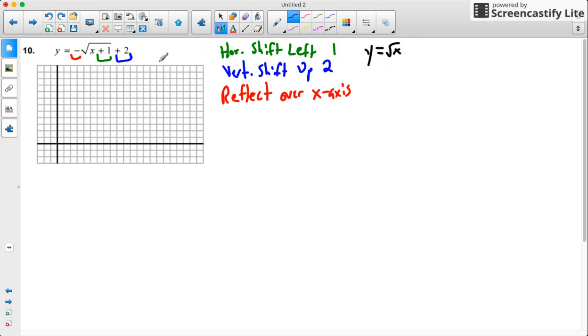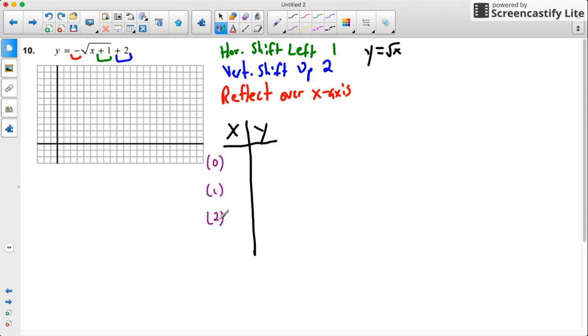So this is going to look a whole lot different than the parent function. Let's get started by picking some x values to graph this. We're going to set up a table of x, y values, and I want to pick those good numbers for my x values. Just a reminder, our good numbers are the ones that make perfect squares underneath the radical.